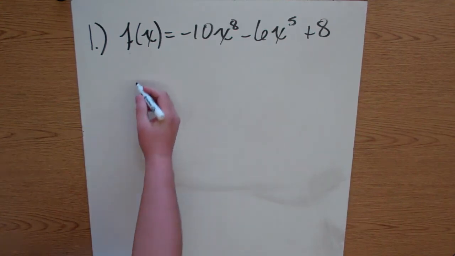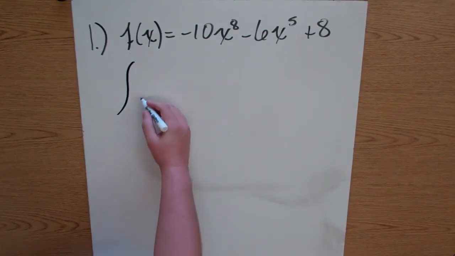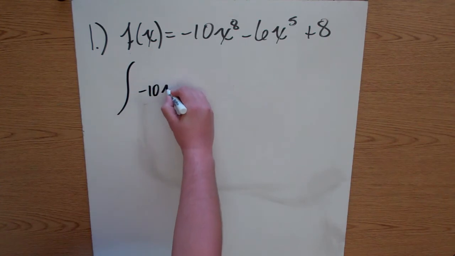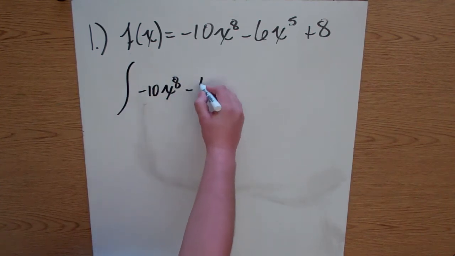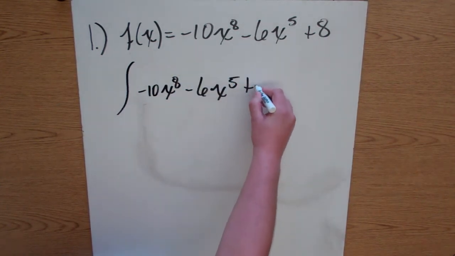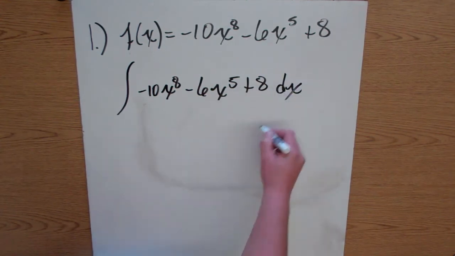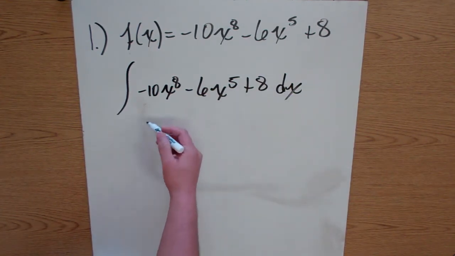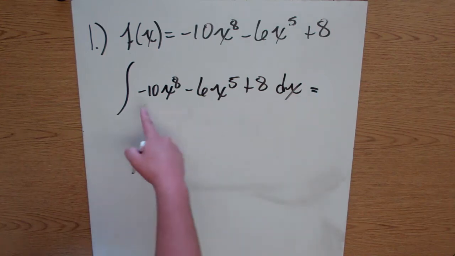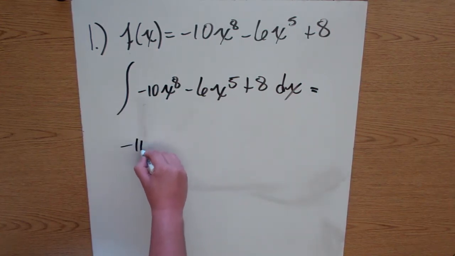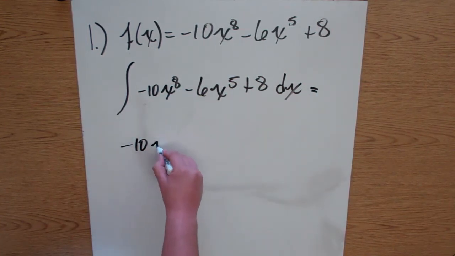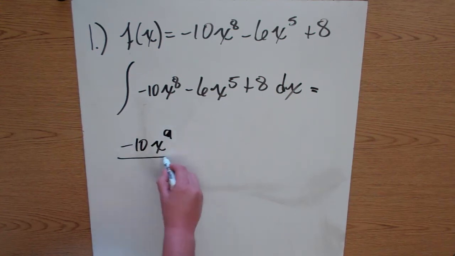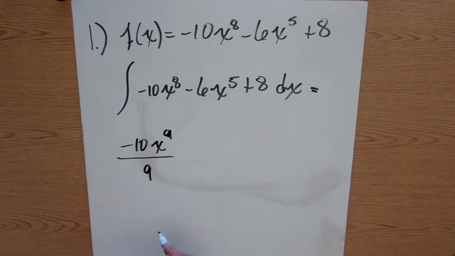So we're going to do the integral of negative 10x to the 8th minus 6x to the 5th plus 8 dx. Alright, so this comes out to, remember, the negative 10 doesn't really change. The x, you're going to add 1 to the exponent and then divide that term by 9 because that's the new exponent.